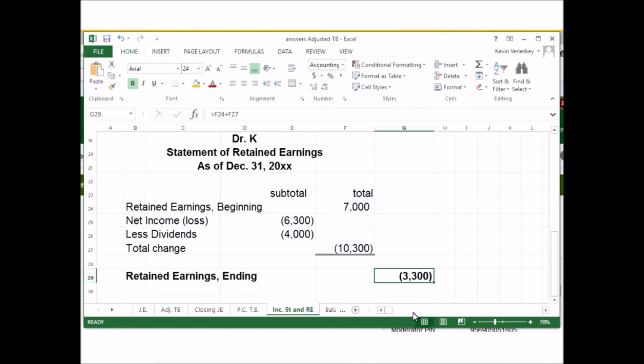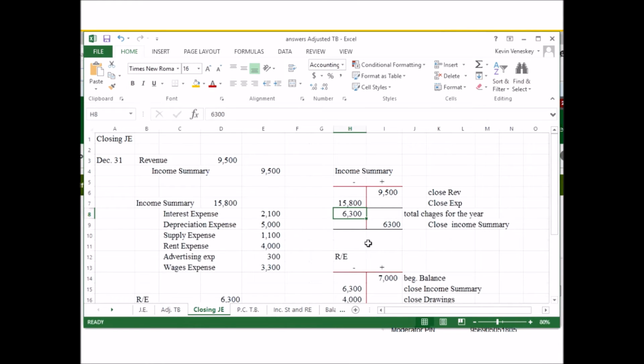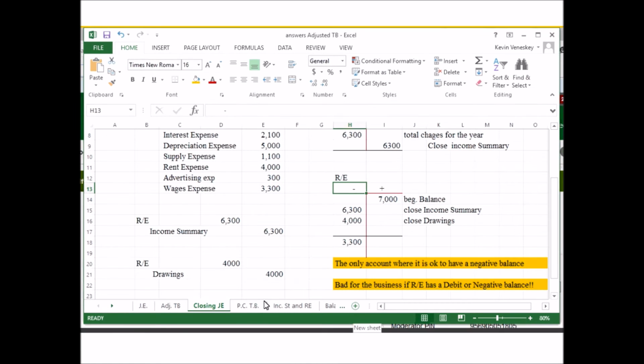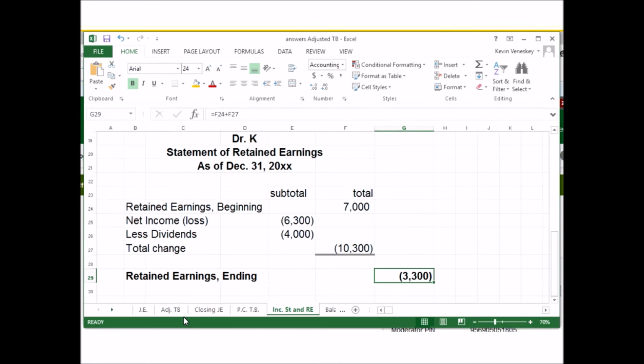That would be a negative. Or you wouldn't have a debit balance on an accounts payable, because that would be a negative. But with retained earnings, if we look back to our closing entries, we did have a negative final balance of $3,300. So that's our checkpoint. And I match it right here.